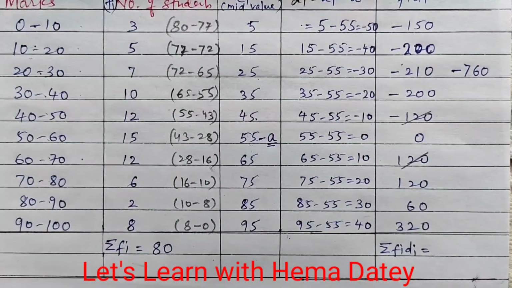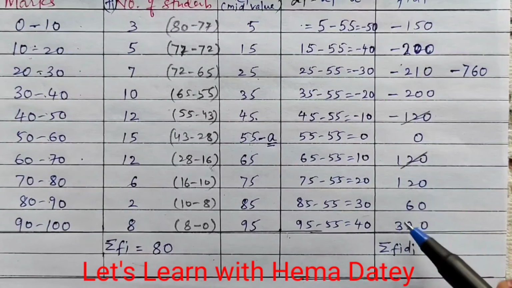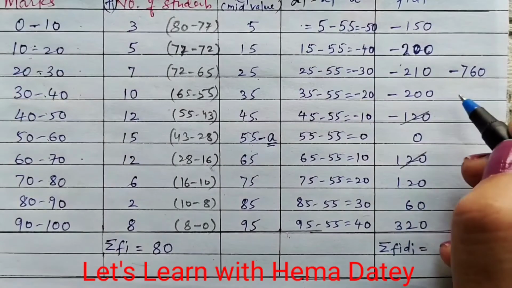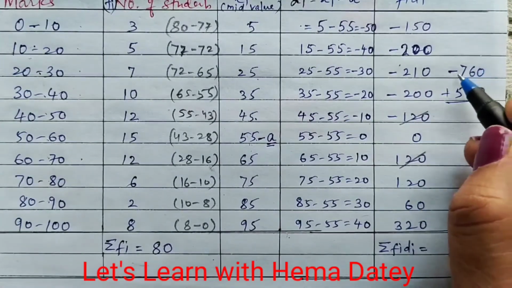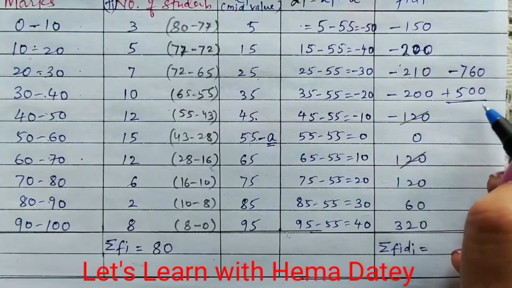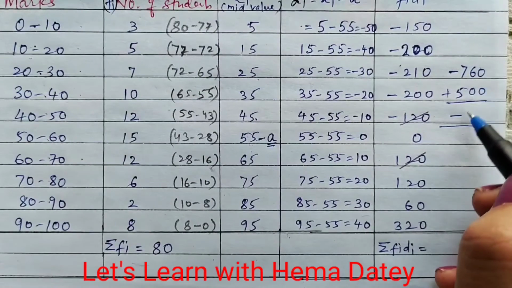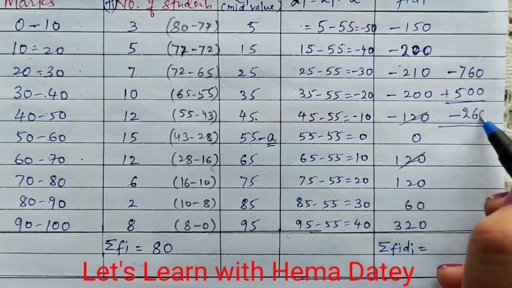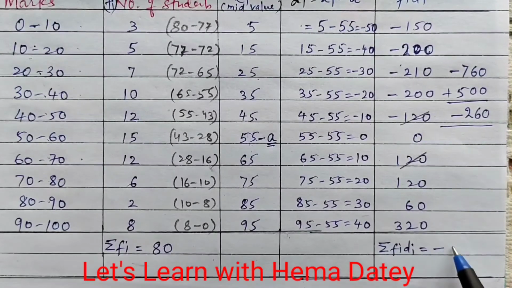And when you add these positive numbers, 120, 120, 60, 320, here you will get 500. So this is negative 760, positive 500. The answer will be minus 260. So summation fi di is minus 260.